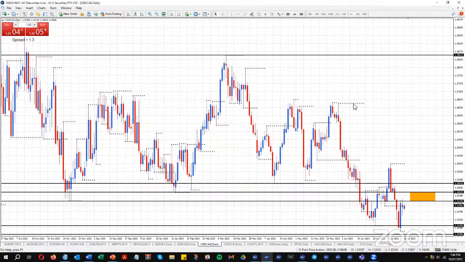We do have the CPI data coming out, so it'd be worth watching to see if this spikes up to monthly resistance. That's going to line up with a 62 level from that range, very close to 132.74. So 132.62 to 74 would be a great area to watch.